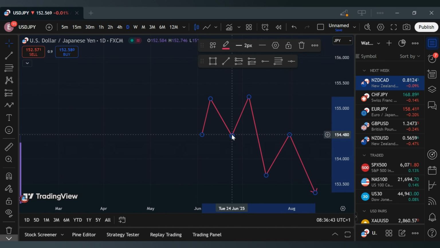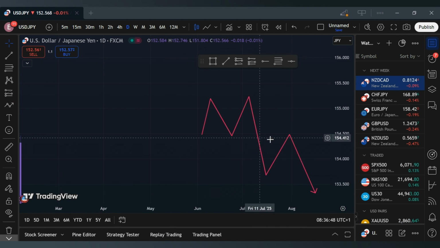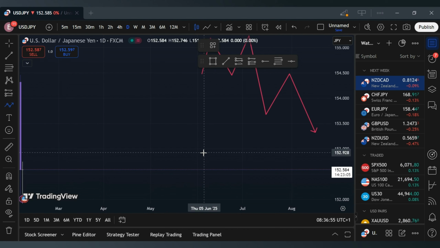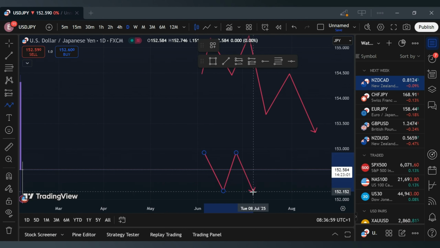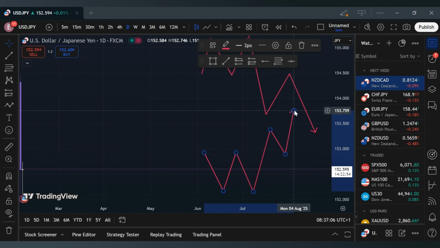Then an inverse of this is a double bottom, which is basically the inverse of what I just drew here, which is this, then a break of that, a pullback into the neckline, and then continuation to the upside.